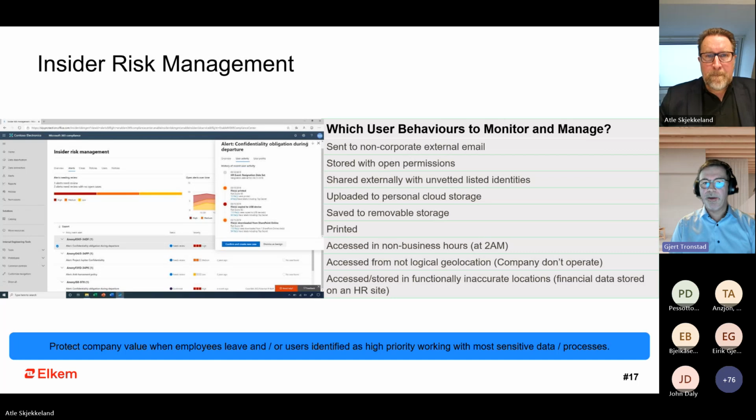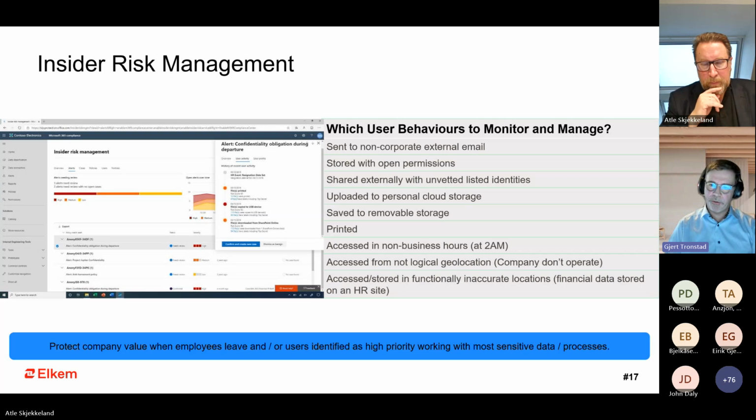Typically, one thing we are looking at is, for instance, when people are leaving Elkem: how can we monitor and make sure we understand how they are handling things? For people with access to sensitive information, how can we make sure they are not storing that information on removable storage, for instance?